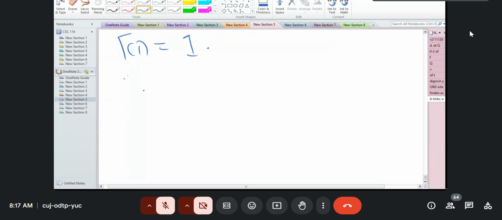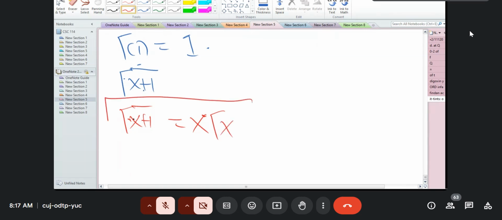Next, let's investigate gamma of x plus 1. Gamma of x plus 1 is given to be equal to x times gamma of x. So we prove this result.